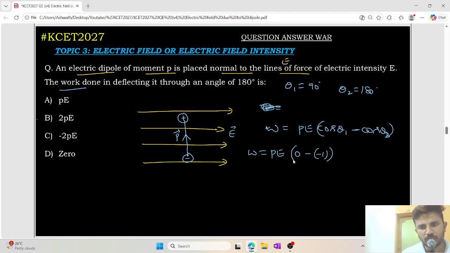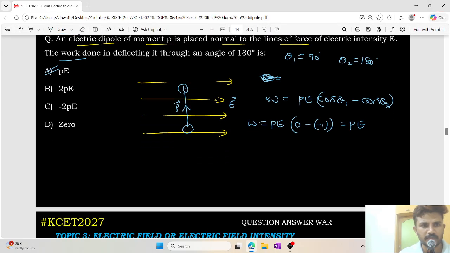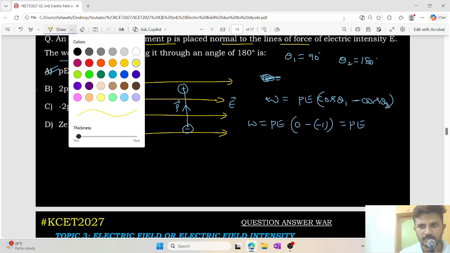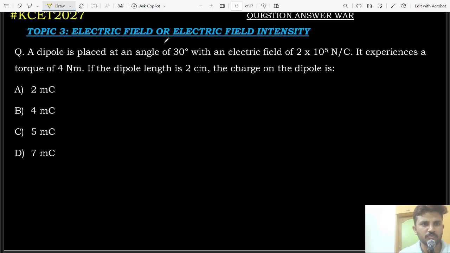So minus of minus 1 is 1. So you'll get PE as your answer. Option 1 is correct. Clear? Let us move on to the next one.